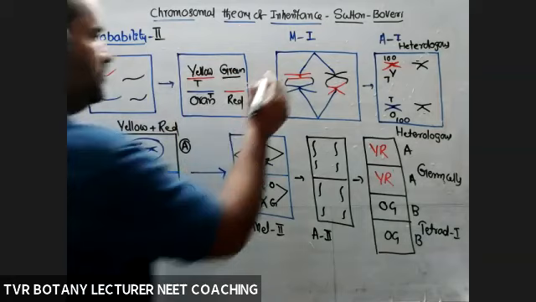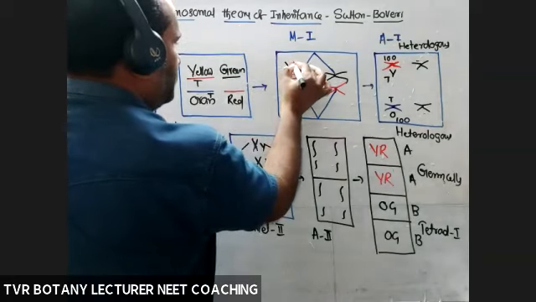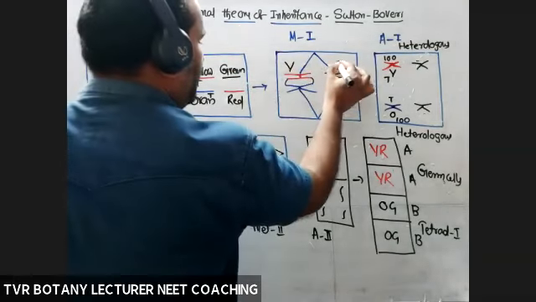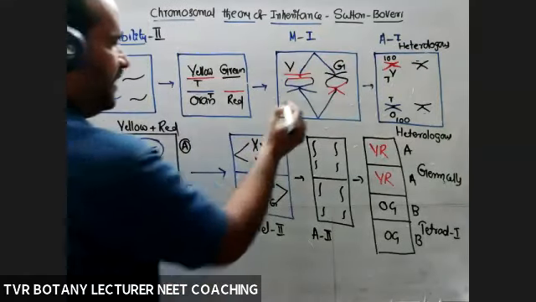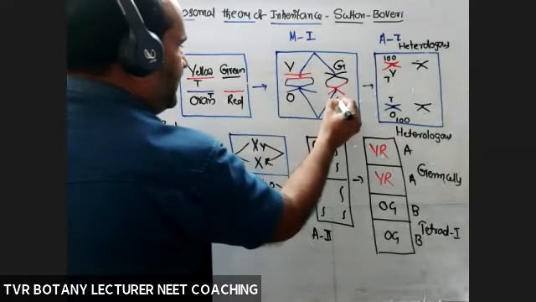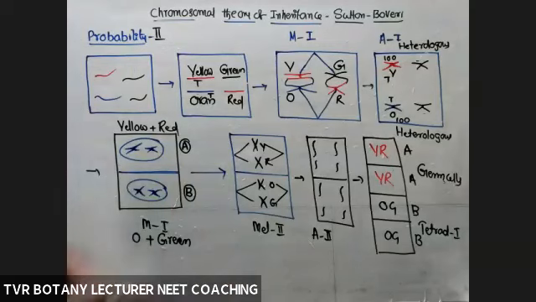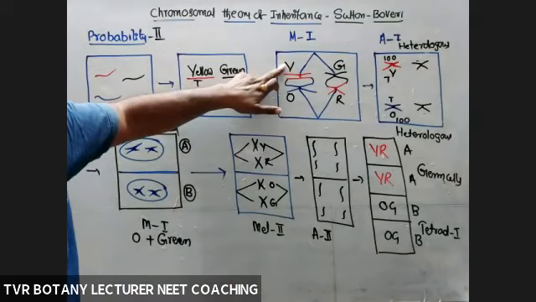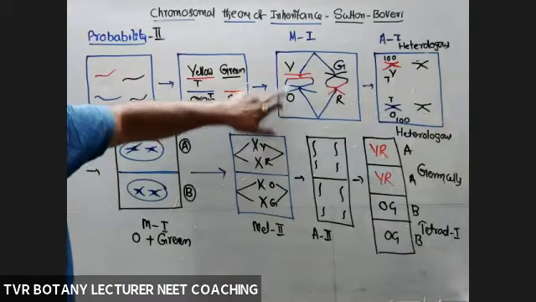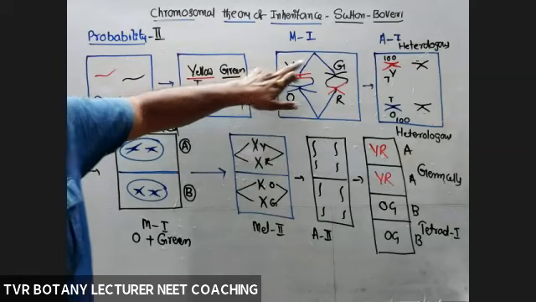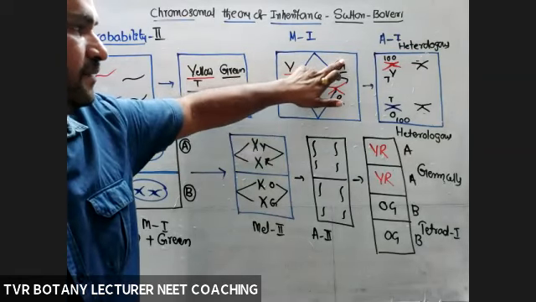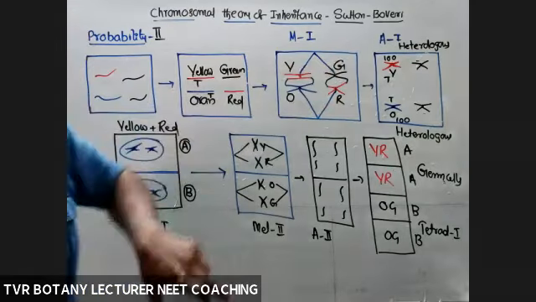And continue. So use yellow color and green; here orange, here red color. Now yellow separated from orange, and yellow segregated along with green but not with red.